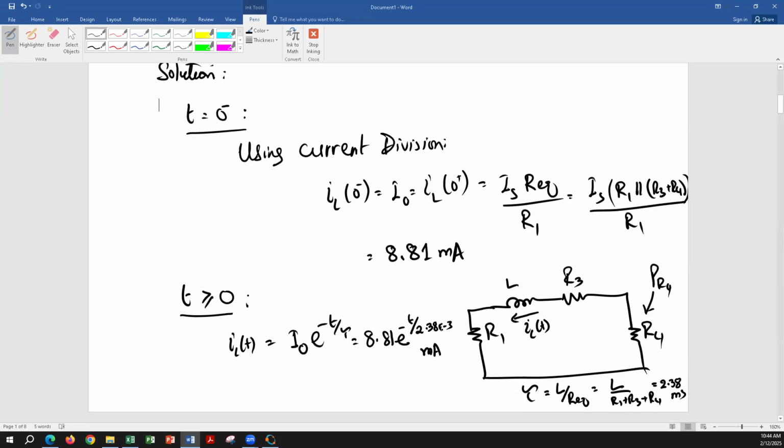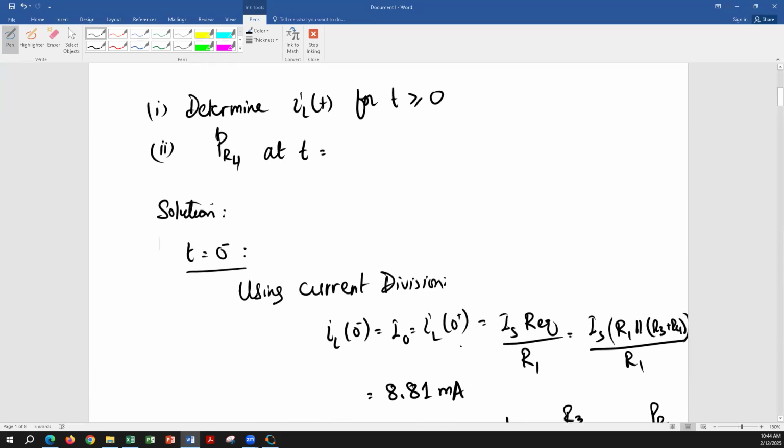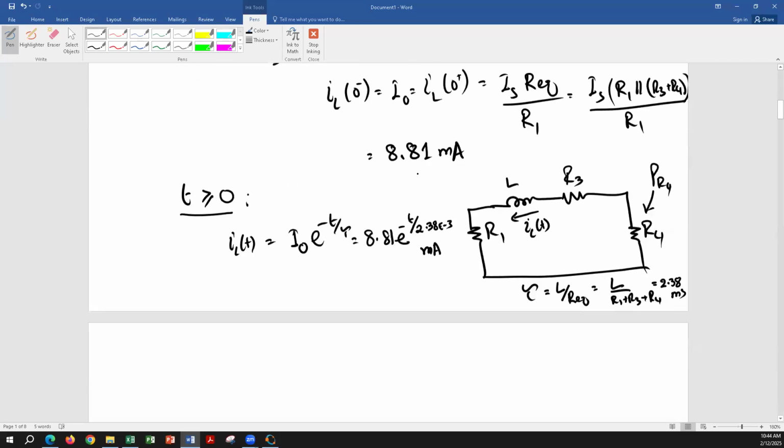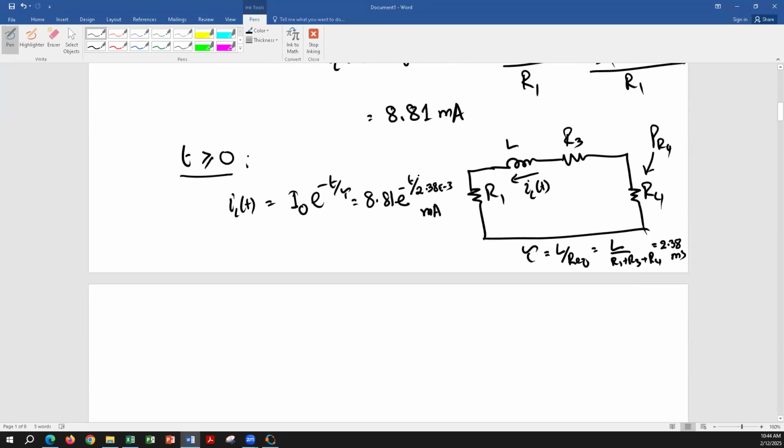So let's calculate power, since we know the time constant now, 2.38. Let's calculate power at 1 millisecond, which is less than the time constant. All right, who is going to tell me now?